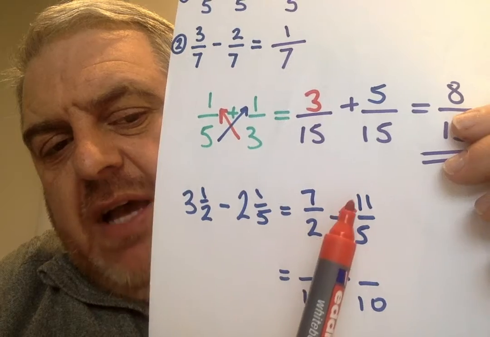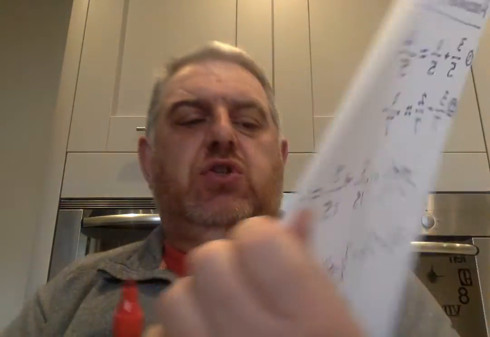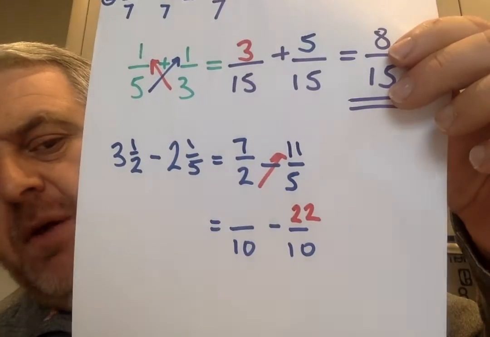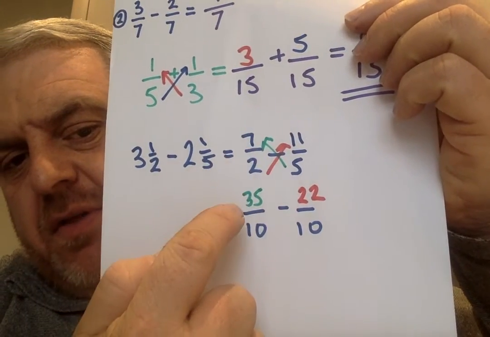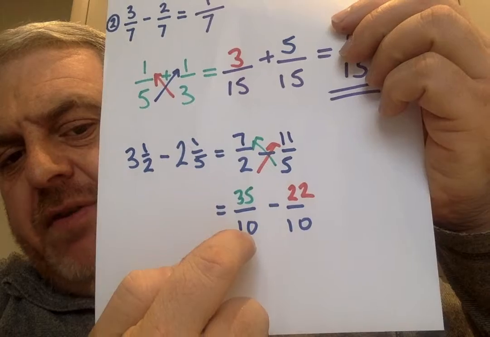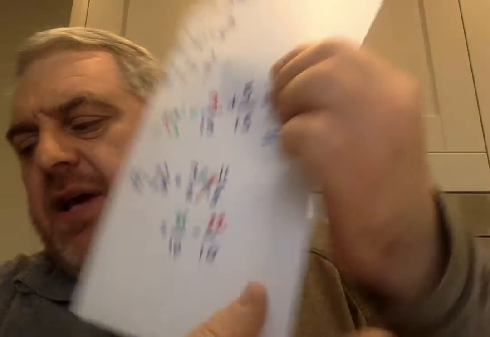So 2 times 11 gives me 22. Sorry, I've done them the opposite way around this time. And the other value is 5 times 7, which gives me 35. So 35 over 10 minus 22 over 10.